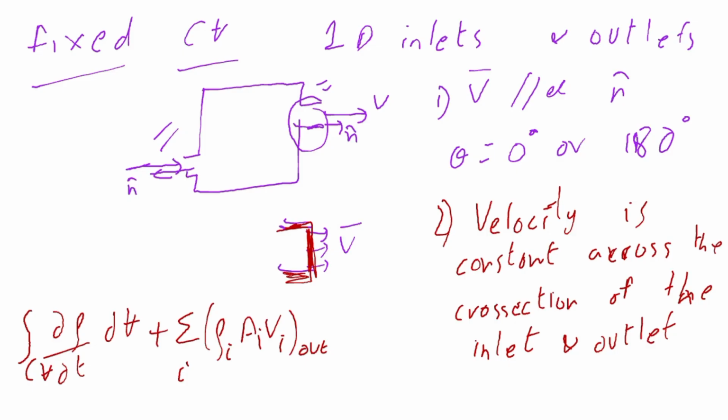Essentially, you add up the mass flux of all the quantities leaving the control volume, and then minus the sum of all the mass flux quantities entering the control volume. This simplification allows you to get rid of doing any integration at the inlets and outlets. Okay.